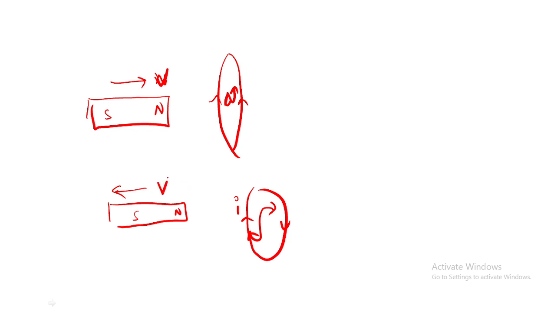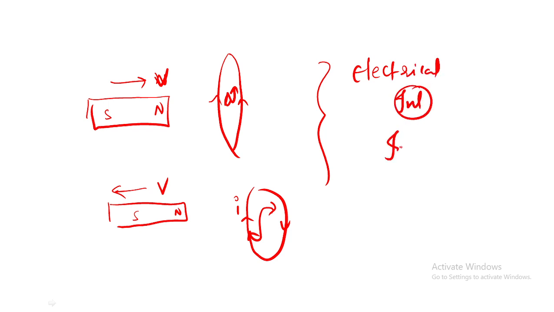The reason is simple. We call it electrical inertia, which is nothing but inductance L, that will be developed.